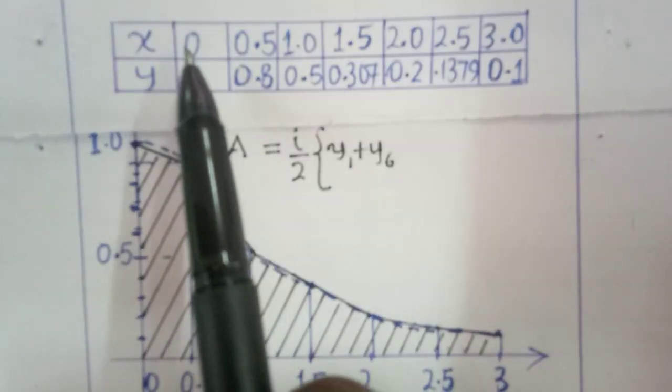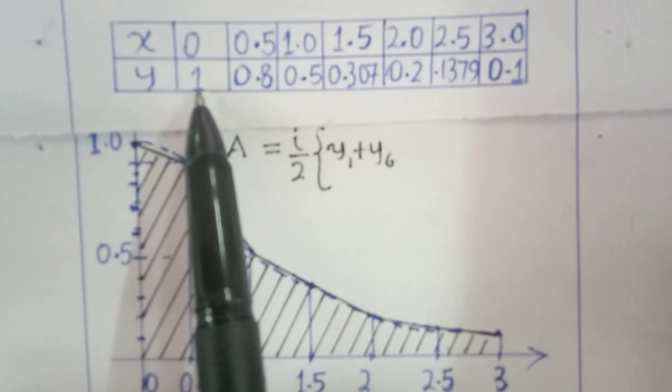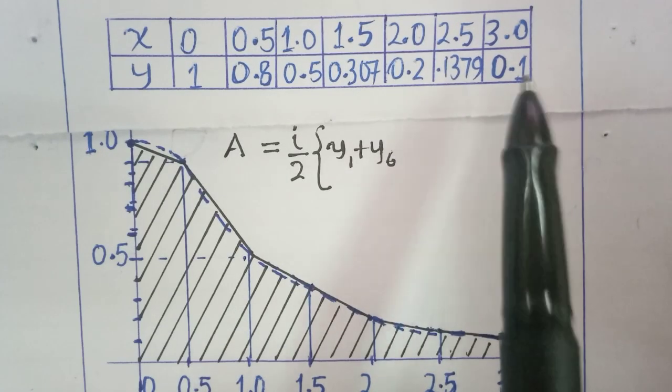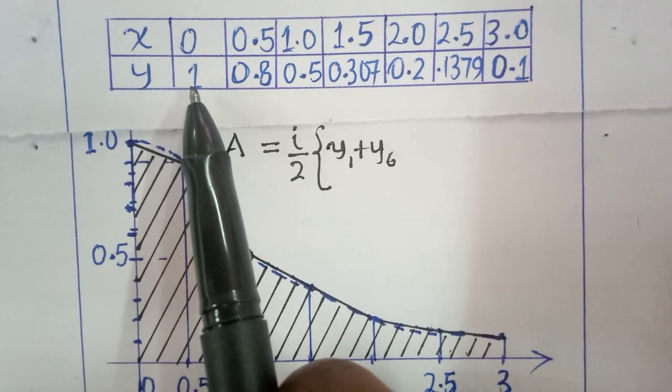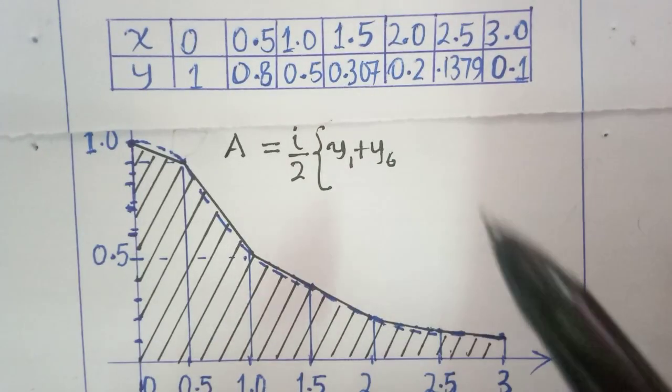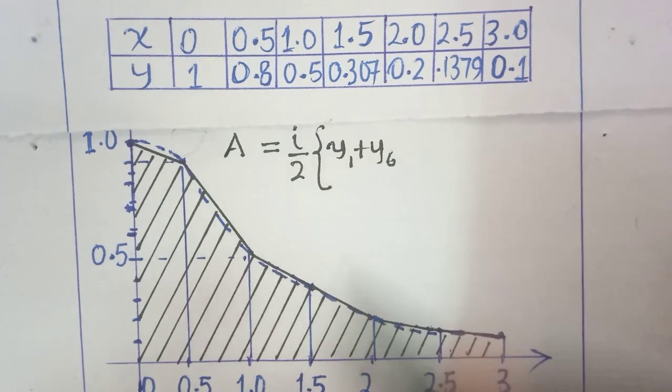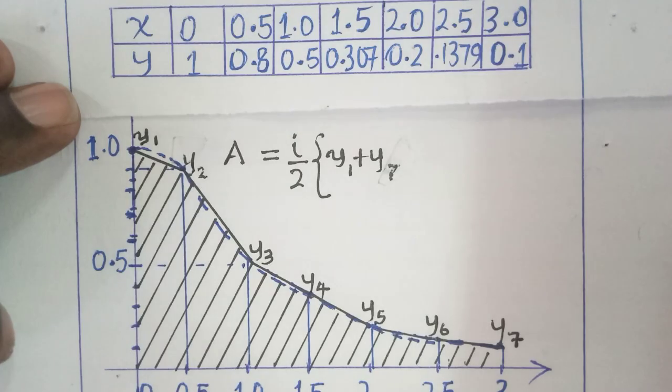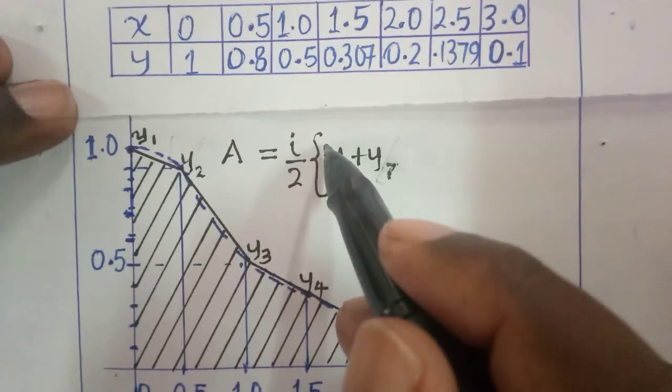We begin from the first one and the last one: 1, 2, 3, 4, 5, 6, 7, so the last one is actually y7.